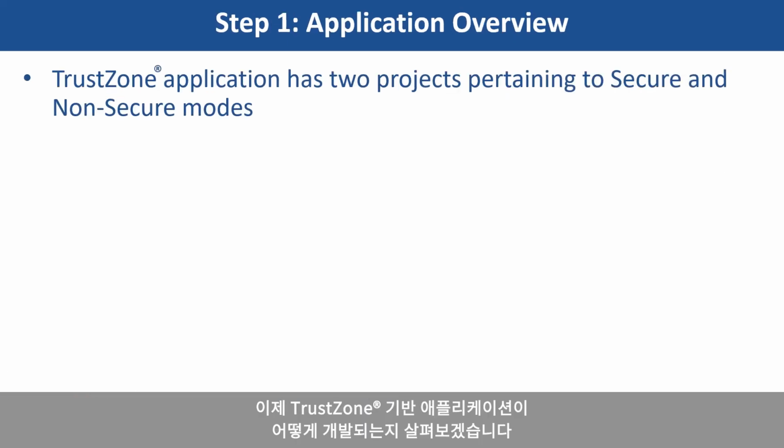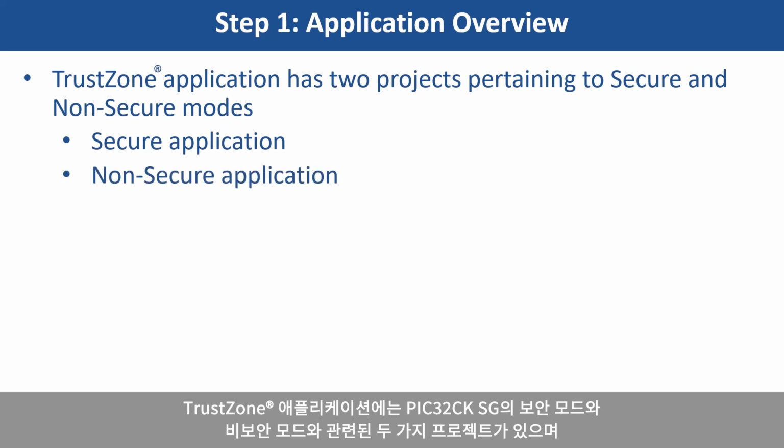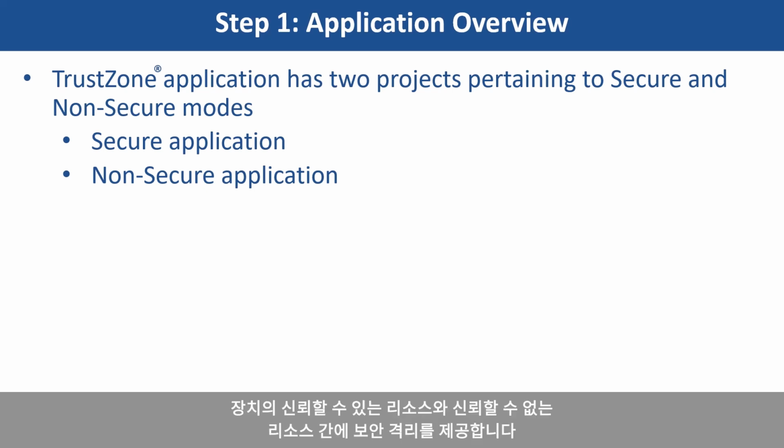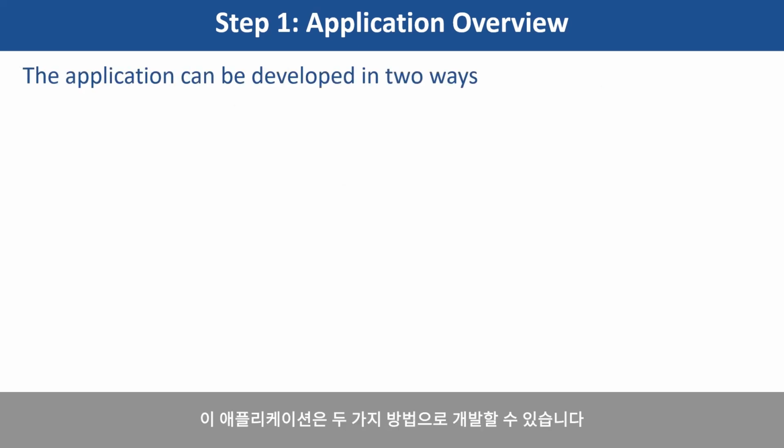Let us now look at how a TrustZone based application is developed. A TrustZone application has two projects pertaining to secure and non-secure modes of PIC32CK SG that work together on the same MCU and offers a security isolation between the trusted and the non-trusted resources in the device. The application can be developed in two ways.